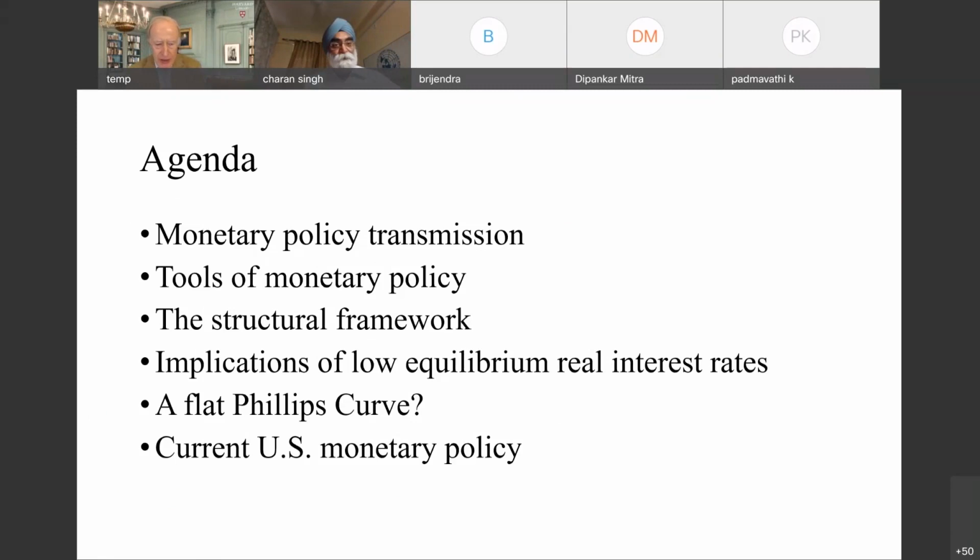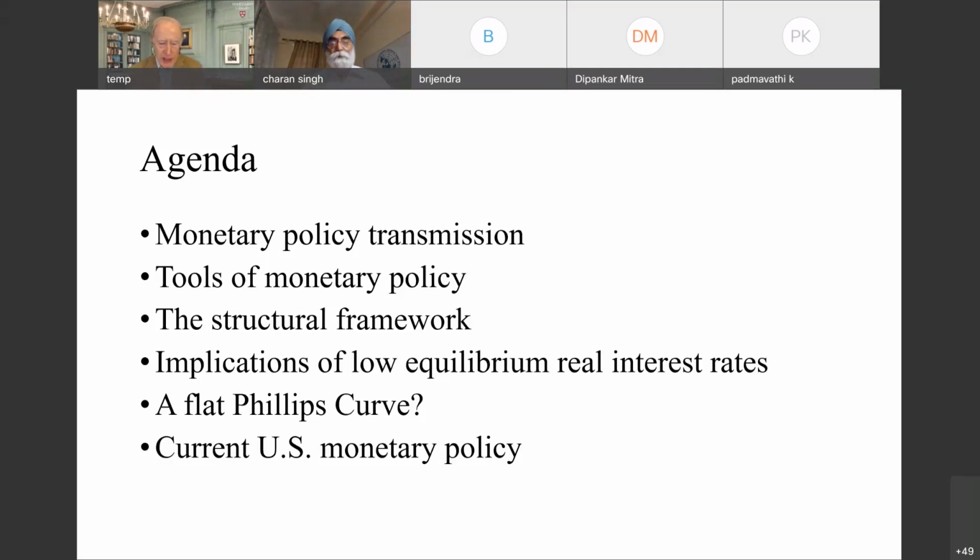I want to say something about the tools of monetary policy, which changed a great deal during the financial crisis of a dozen years ago, and I think are still evolving. Especially here in the United States, we are continuing to evolve what we call the structural framework of monetary policy decision making. Then I want to take up two quite specific issues.